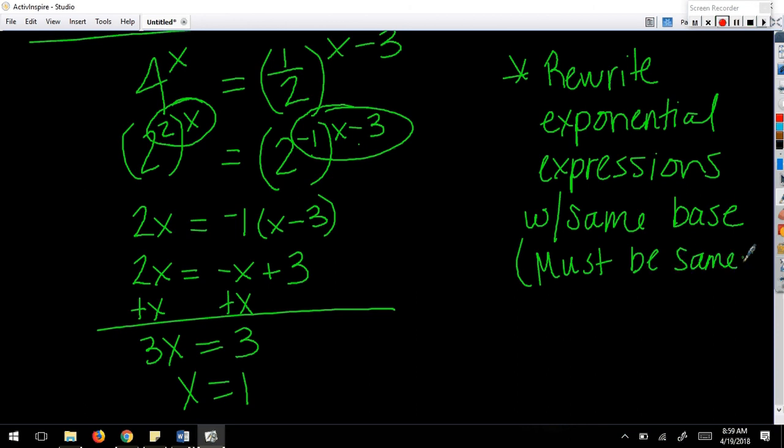So while it would have been nice to write 1/2 with the same base, 4 to the whatever, it's still got to be a half at the end of the day. Must be the same value.